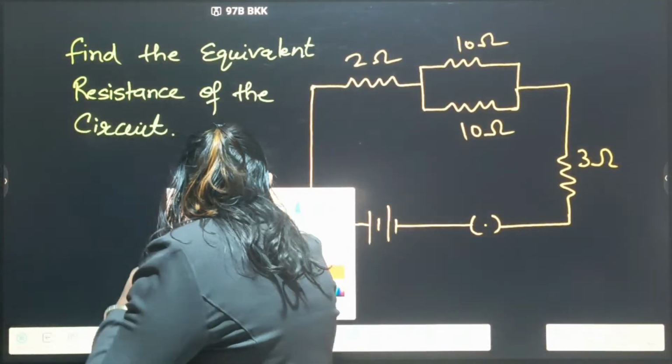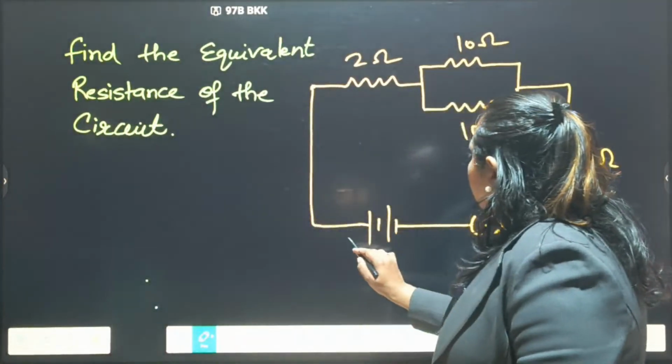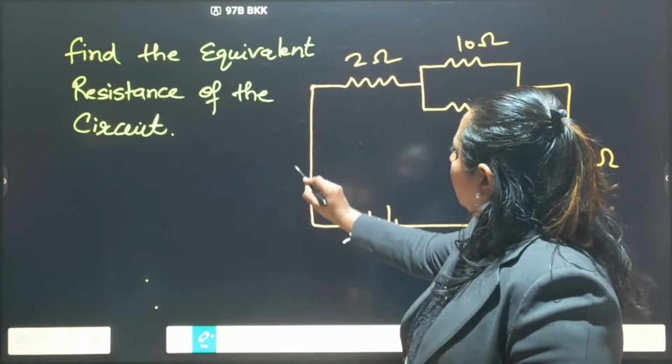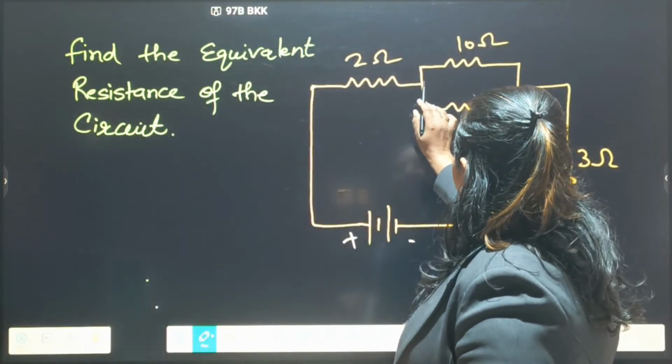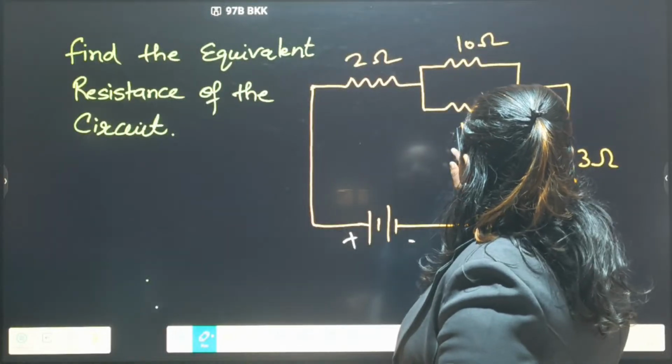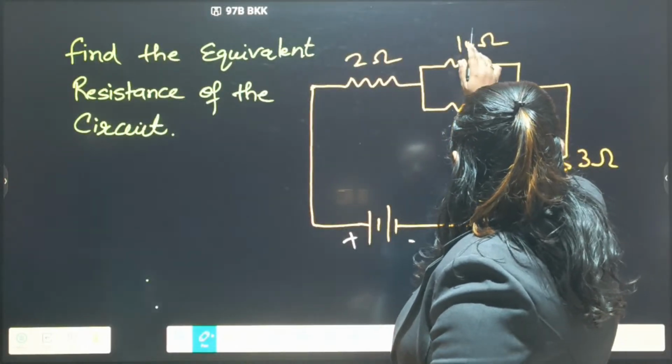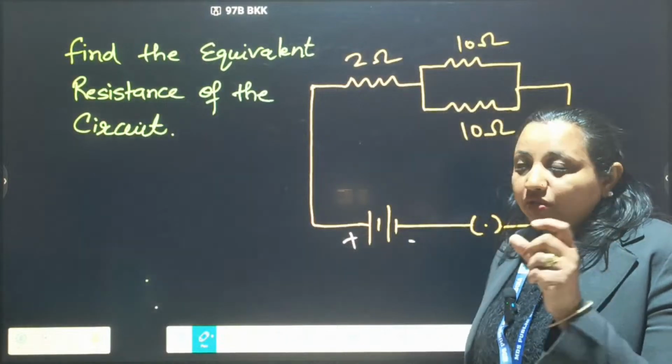Now what we have to do: current goes, then it divides, that means it is a parallel combination. Then we have to firstly find the parallel combination of this.